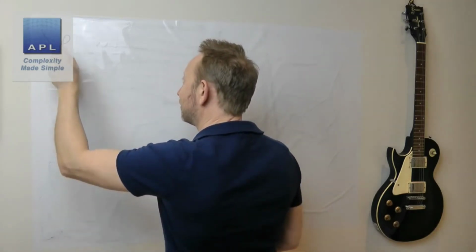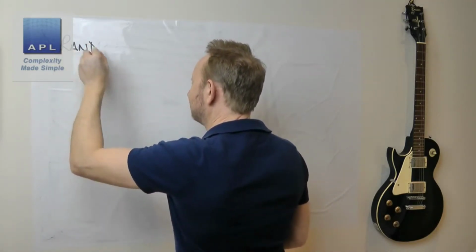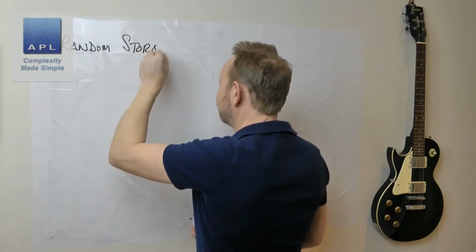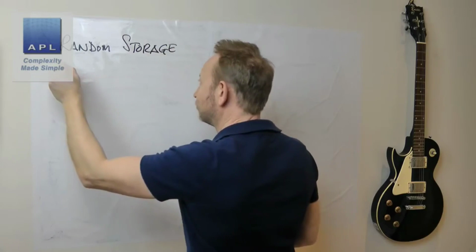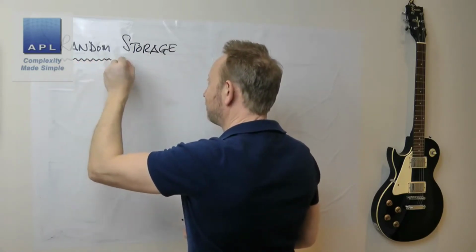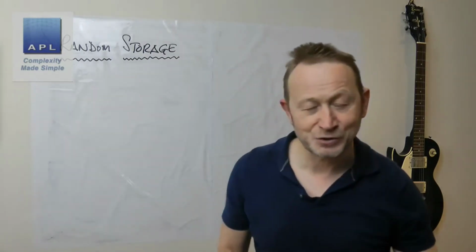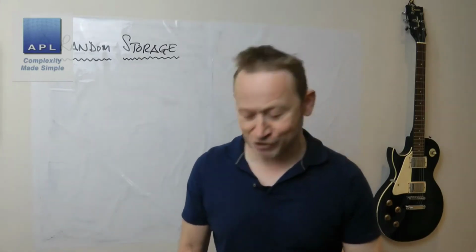We are going to talk about random storage in a warehouse. This is pretty much one of the most non-lean techniques you can use, pretty much guaranteed to drive extra cost and extra stock.